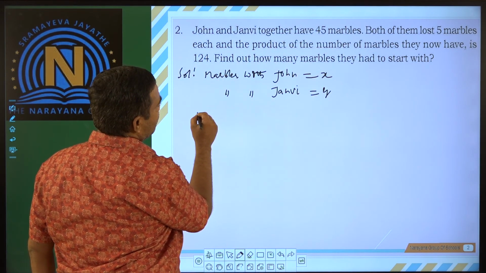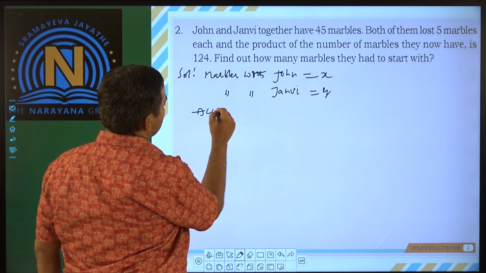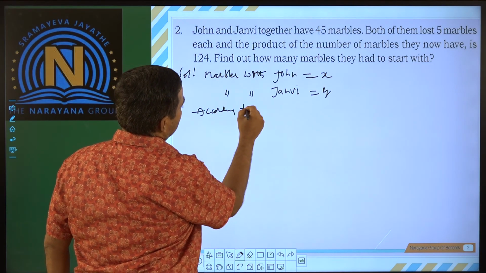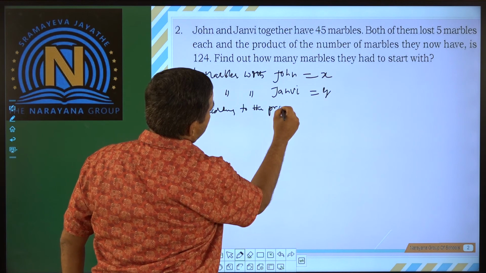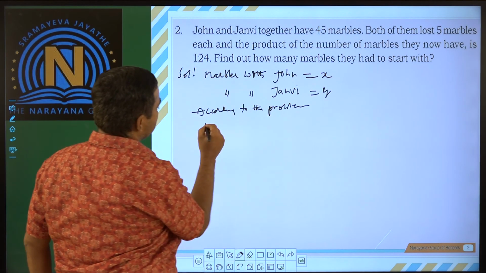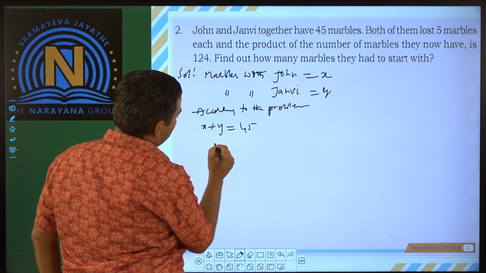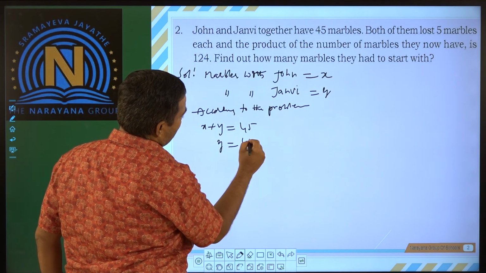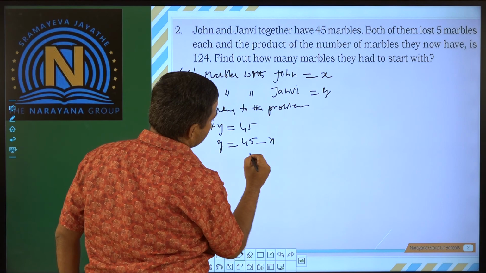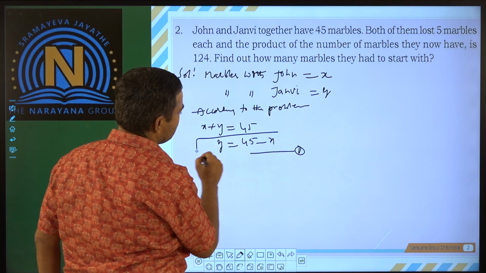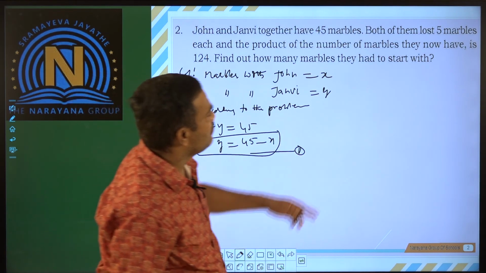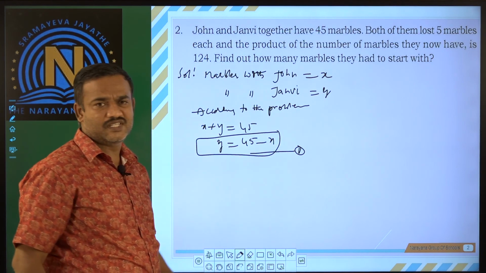According to the problem, x plus y is equal to 45. Here y is equal to 45 minus x. It is equation 1. Now they lost 5 marbles each.